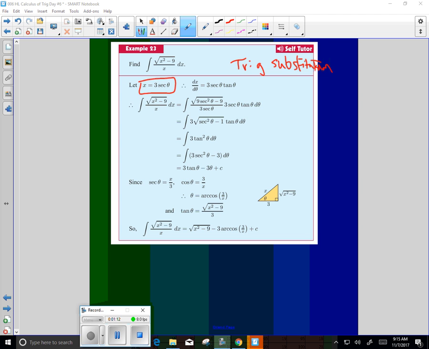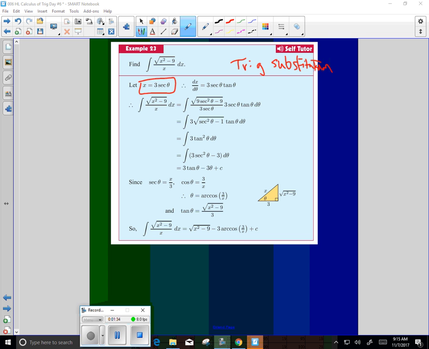Exactly. Why? Well, it's a form that when you do a lot of integrals, they've found that this is going to work, and I'm going to show you why it's going to work, but it seems to be a little out there. X is 3 secant theta. The derivative of x with respect to theta is 3 secant tangent.